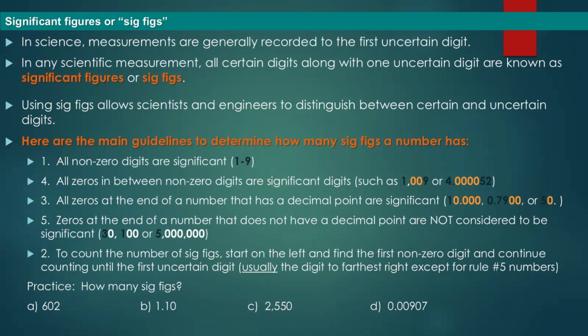Rule number 3 says that all zeros at the end of a number that has a decimal point are significant. So 10.000, that means somebody measured that out or looked at a ruler, they didn't just write a bunch of zeros on there. Not in science anyway.